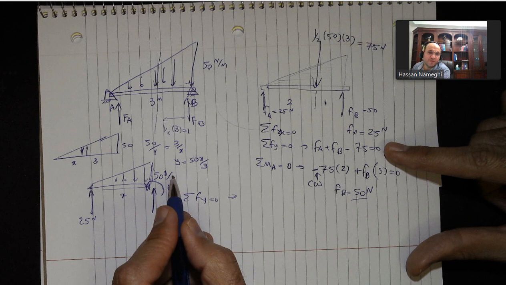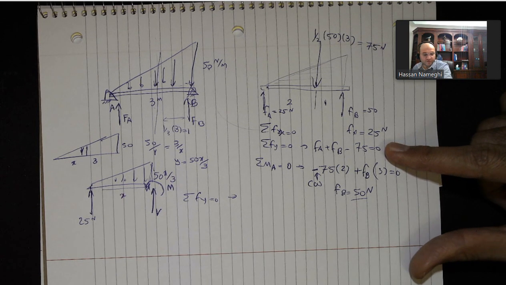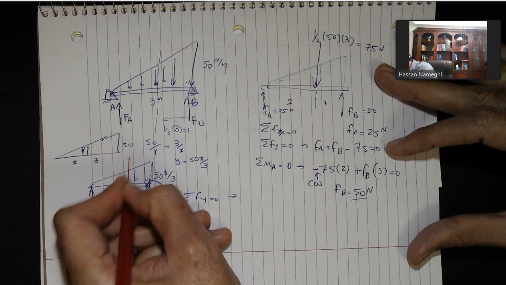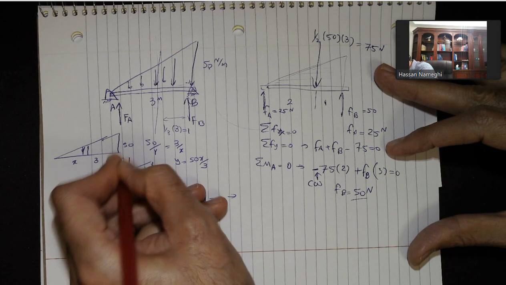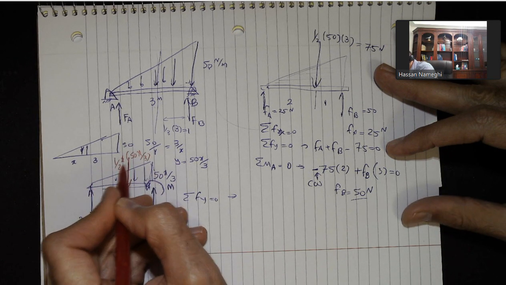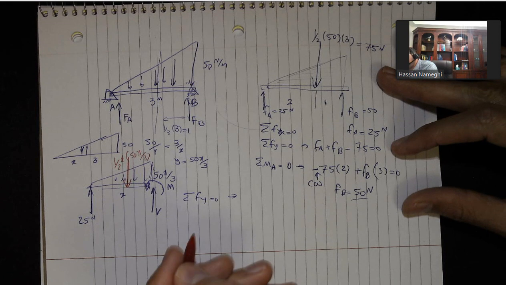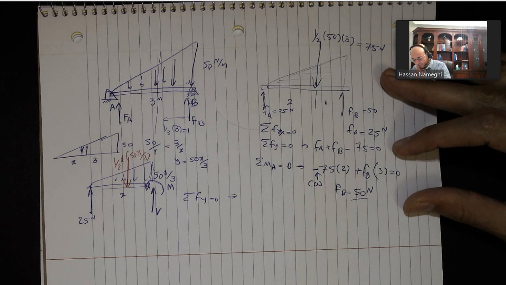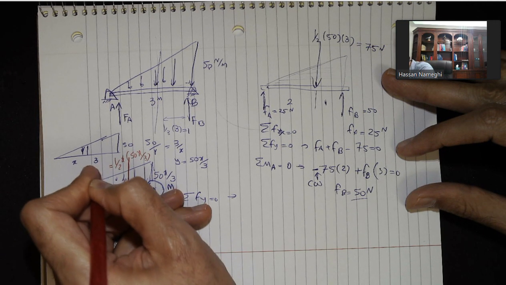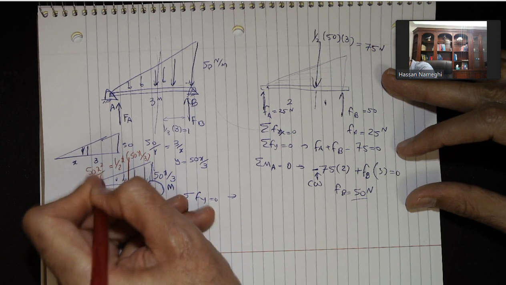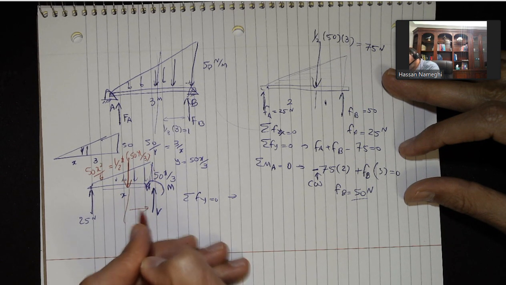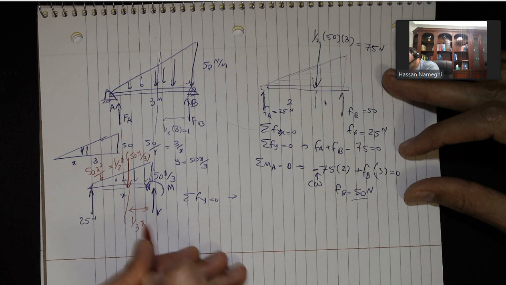So it will be half of the base times height, which is half of x times 50x divided by 3. Half of that will be 50 divided by 6 x squared. So I got 50x squared divided by 6. I put that at a distance of a third of x. So this will be 1/3 of x.